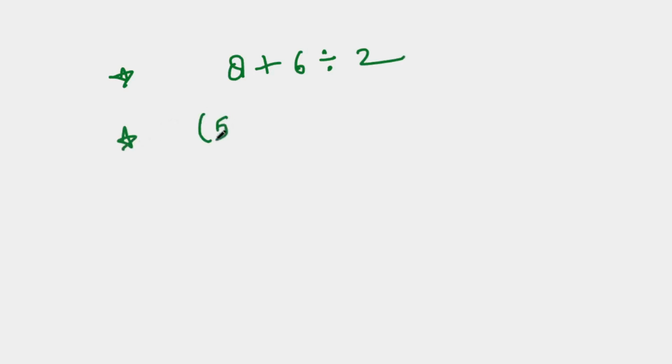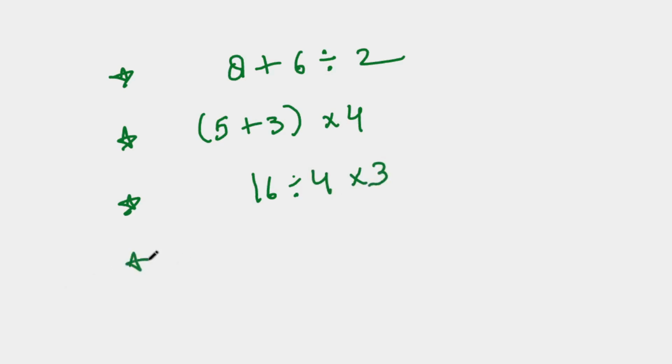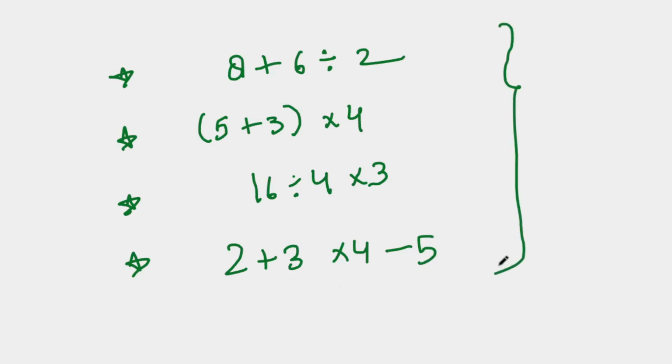Next is 5 plus 3 multiplied by 4. Next we can have 16 divided by 4 multiplied by 3, and we have 2 plus 3 multiplied by 4 minus 5.